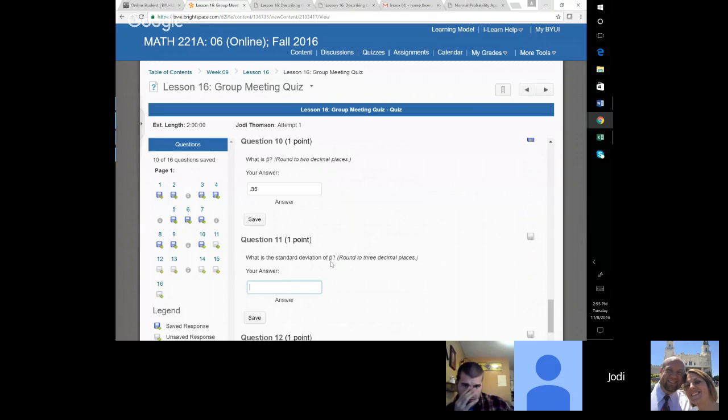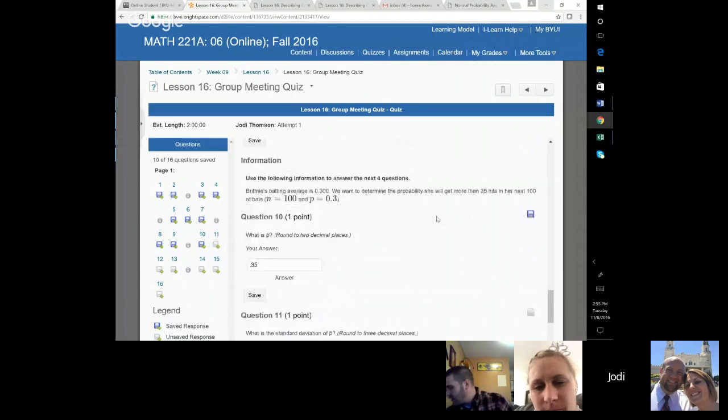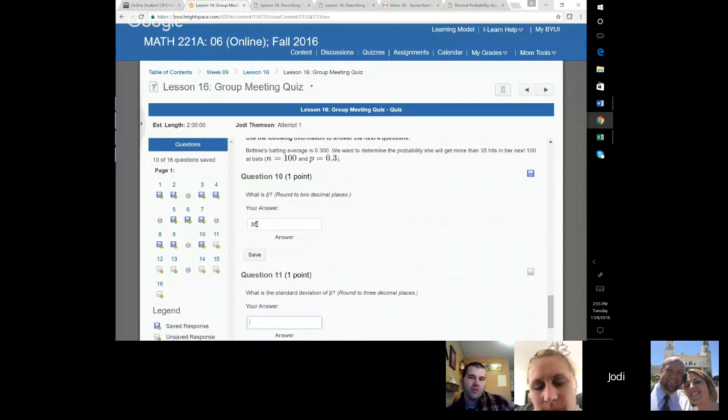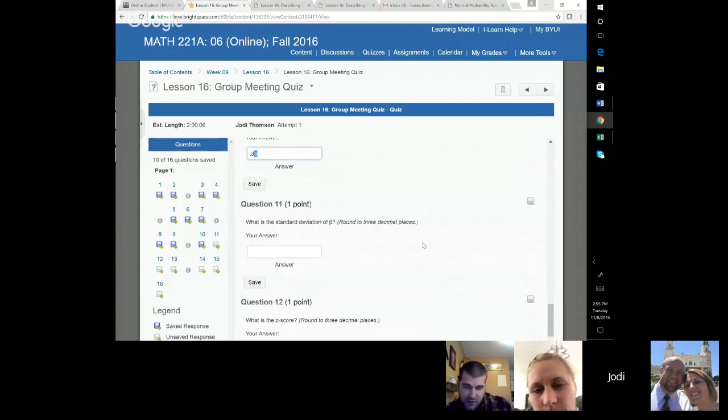Well, they're asking for the standard deviation of the P caret. Huh. We're so technical, aren't we? I would still say we use the 0.3, just because in the other formula earlier, they gave us the 0.8 and the 0.7, and we used the 0.7 in that standard deviation and got the right answer.